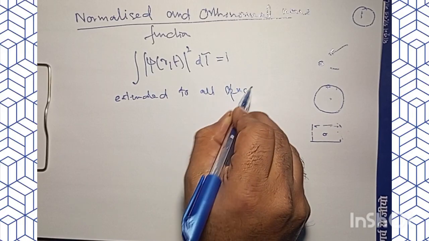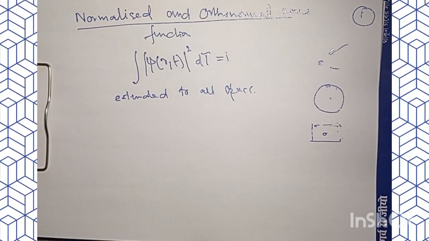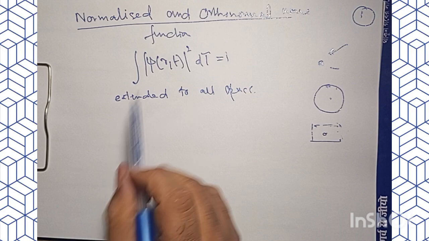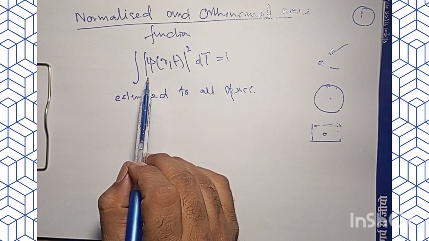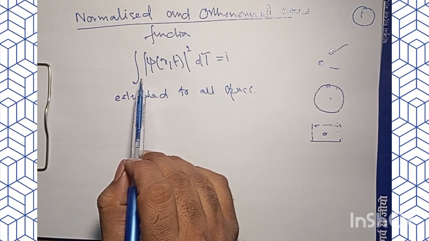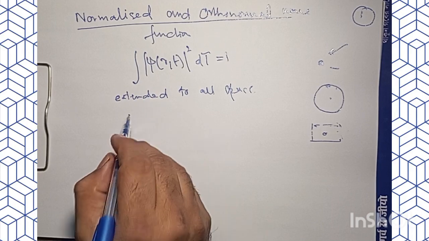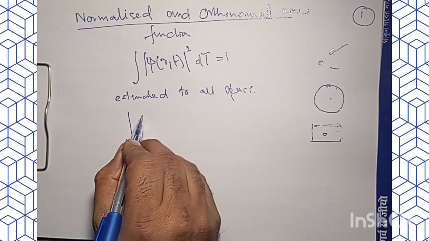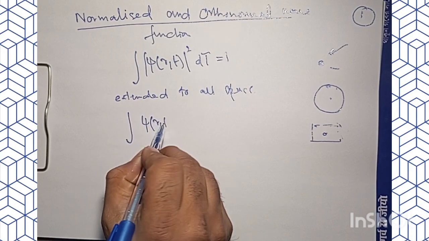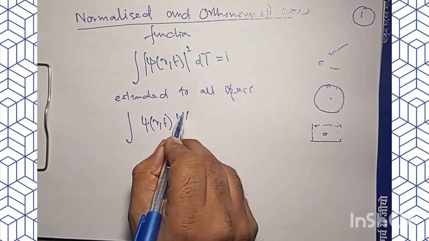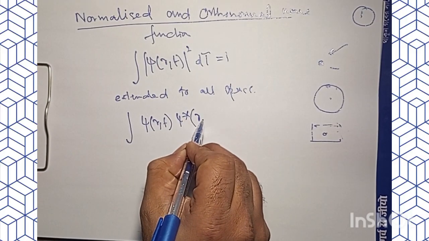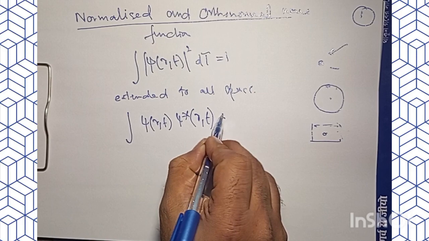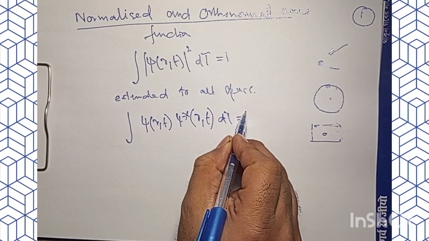This equation can also be written in terms of psi(r,t), psi star(r,t), d tau equals 1.